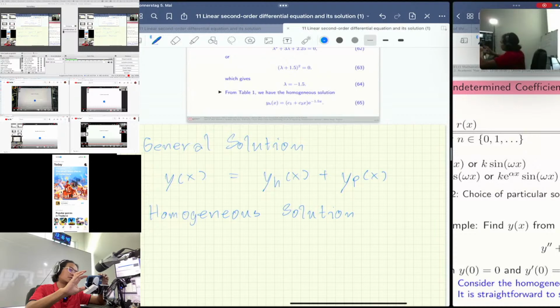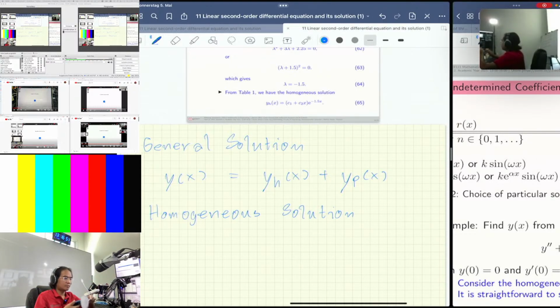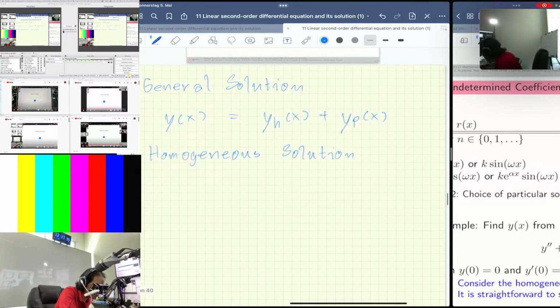Okay, yes, we have to calculate the homogeneous solution, right, which is the YH.